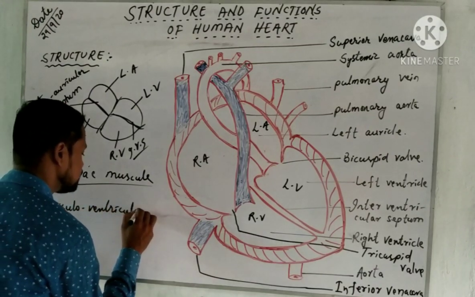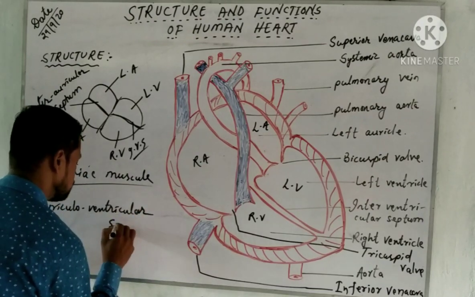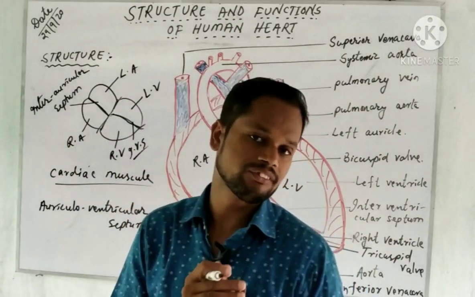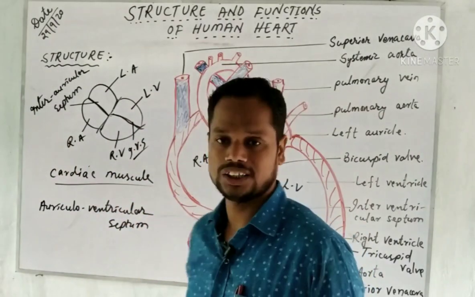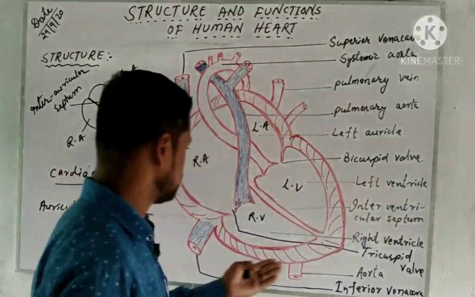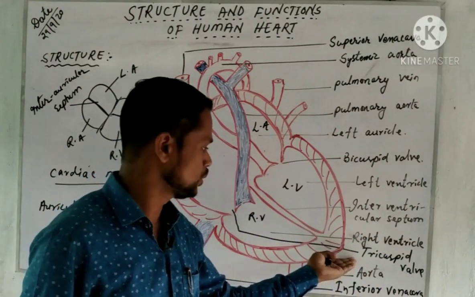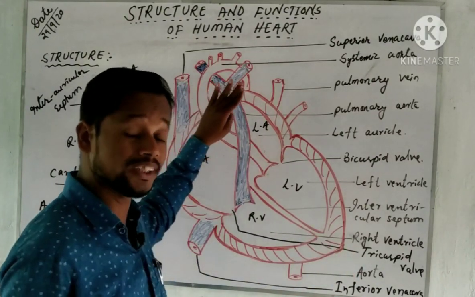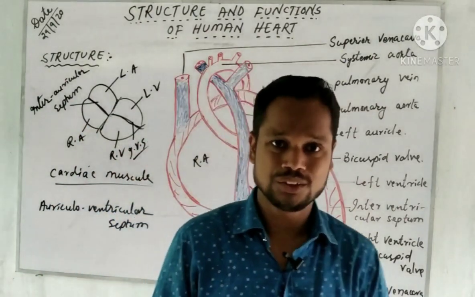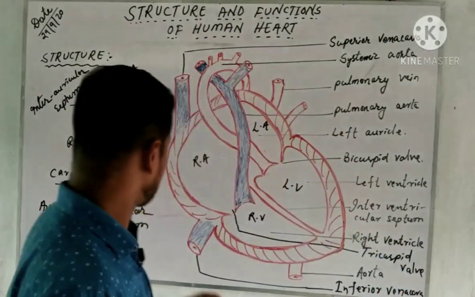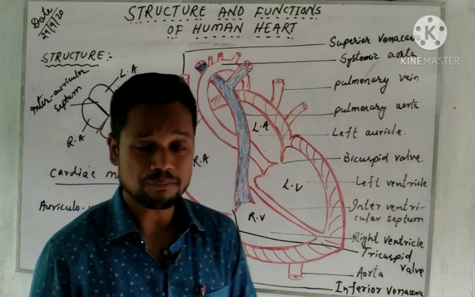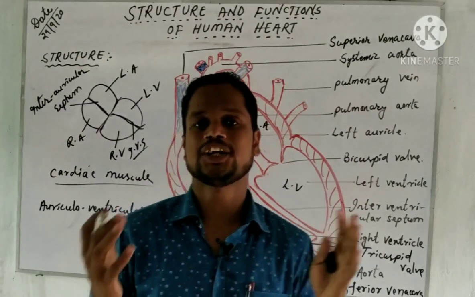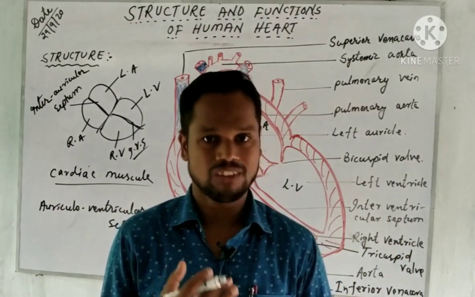This is the base of the heart, which is a little conical or pointed, and the upper part is somewhat broad. The heart is a highly pumping organ. It pumps blood to the body parts and to the lungs. This we will discuss in the function.